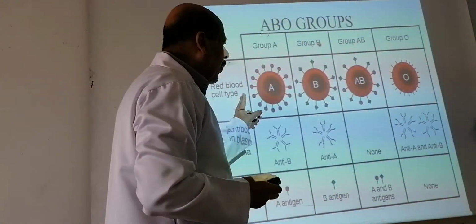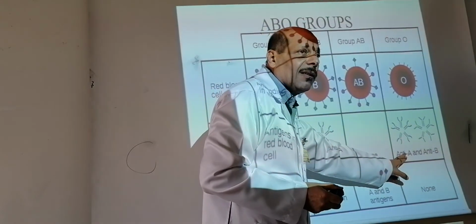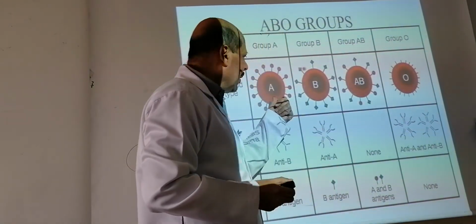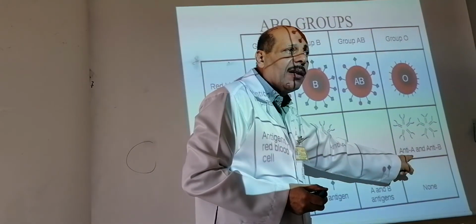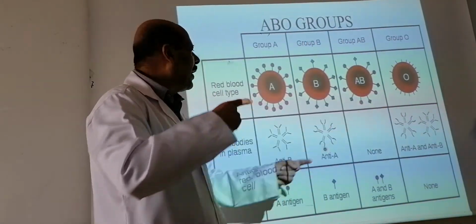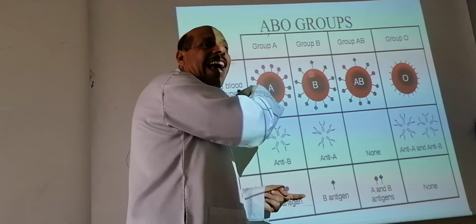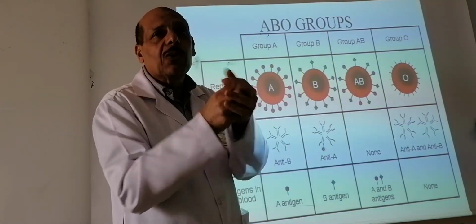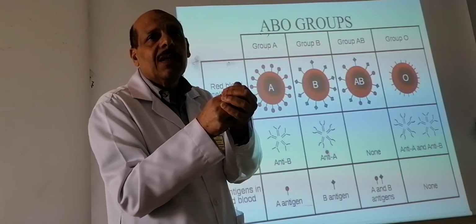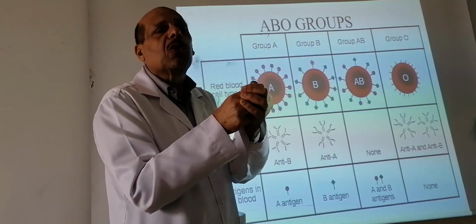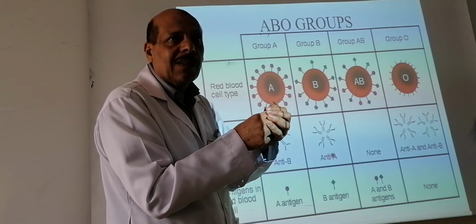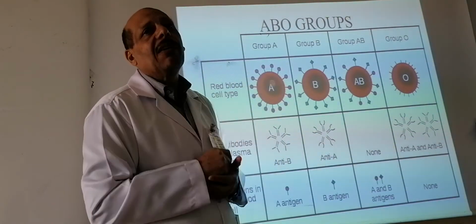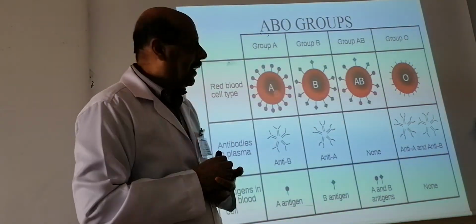If A is given to O, the antibody for A is there in their plasma, so immediately it will attack the blood cells that we give, and it will lead to agglutination and to a blood reaction. So the patient will have a reaction in this case.